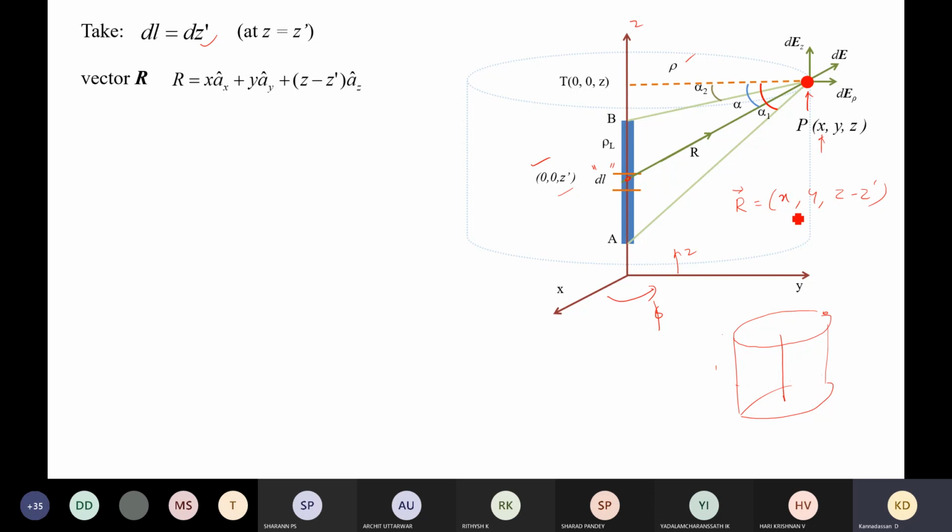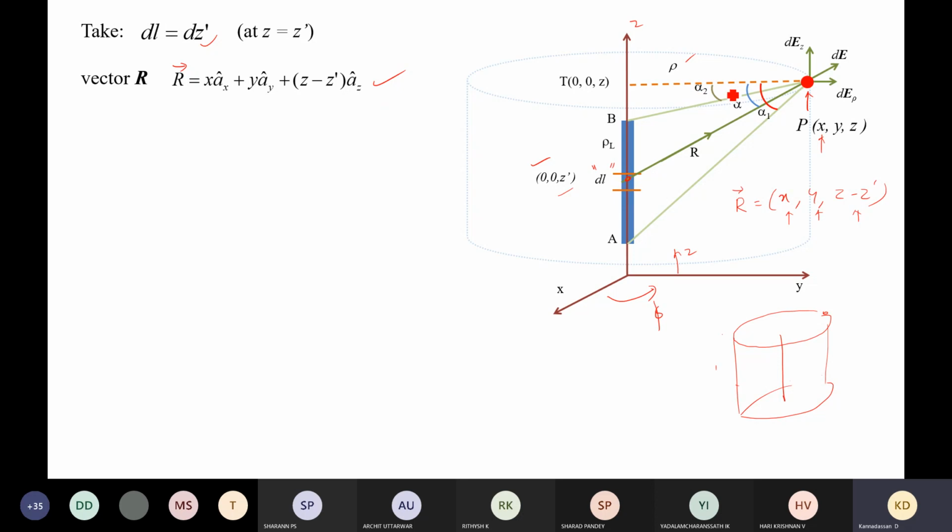Now we put the unit vectors ax, ay, and az, and we get the r vector. This r vector is the line joining vector from this small current or small charge element to the particular point P. We are going to convert it into the cylindrical coordinate system.